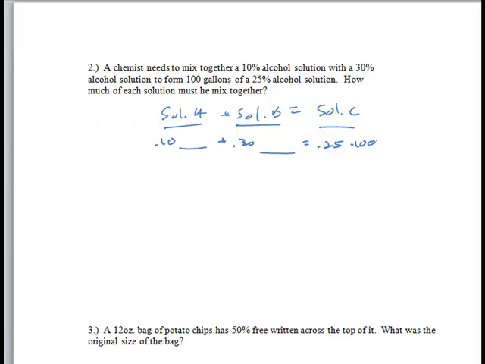So once we fill in the table, we have two unknown values here. The amount of solution A we'll call x. The amount of solution B will be the total, 100 minus x. Neaten up the equation a little bit. 0.10x plus 0.30 times 100 minus x is equal to 25, and solve for x.